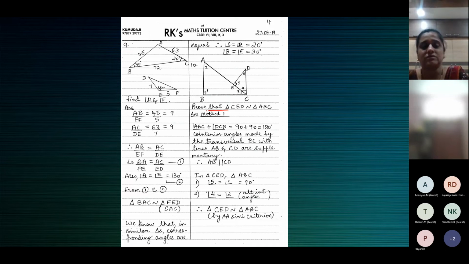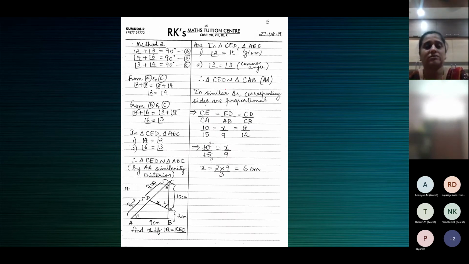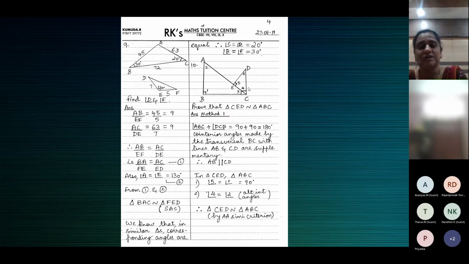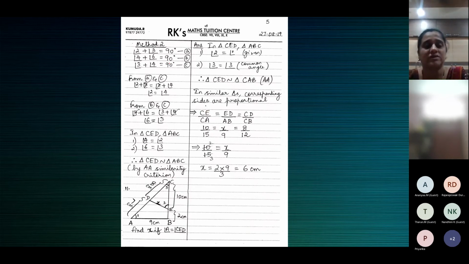Parallel lines or supplementary angles and all this, then this is what I explained. Which is the master rule: 3 plus 4 is 90 is the master rule. 3 plus 4 is 90 because 3 is in one triangle, 4 is in the other triangle.